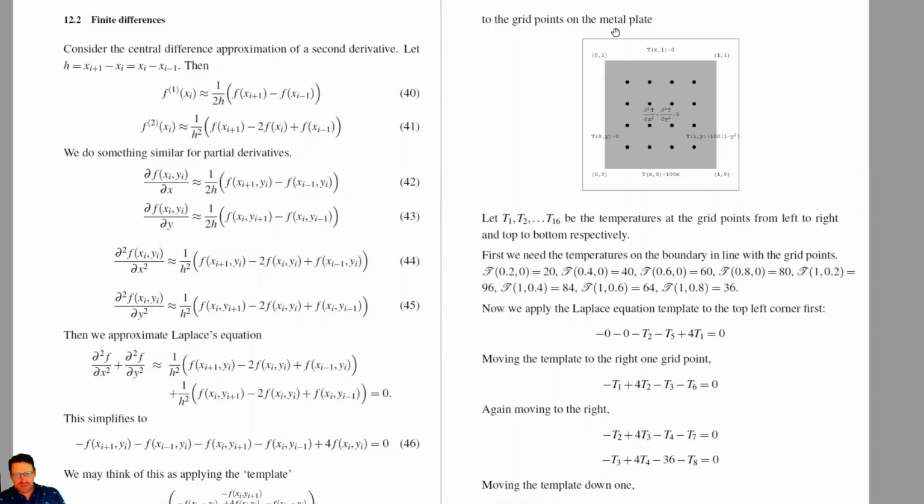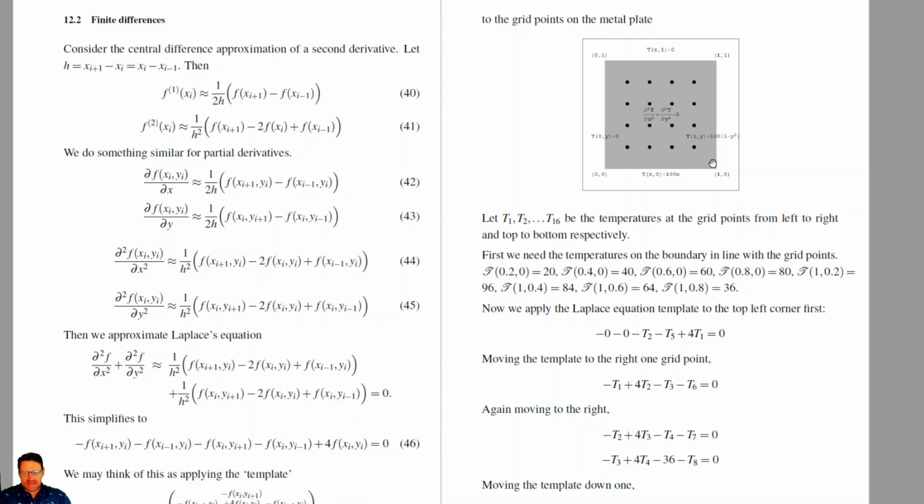Alright, so in this picture we've got a metal plate in thermal equilibrium, so it satisfies Laplace's equation. Now let's suppose that this width is 1 meter, the height is 1 meter, so the step size, the h value, will be, let's see, 1, 2, 3, 4, 5. There are 5 little partitions there, so that would be 1 divided by 5 is 0.2, so h there would be 0.2.